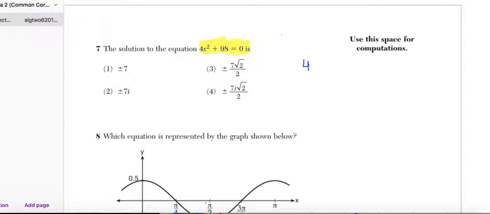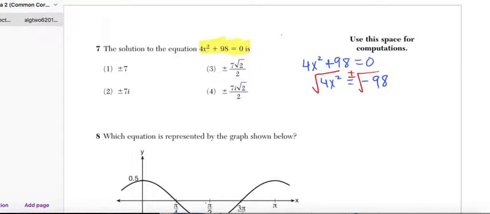So here's what I mean. We start off with 4x squared plus 98 equals 0. I'm going to subtract 98 on both sides of the equation to get 4x squared equals negative 98. Now traditionally, guys, what I would do is divide by 4 on both sides, but I found out whenever the leading coefficient of x squared is a perfect square, it's easier to just take the square root on this step.